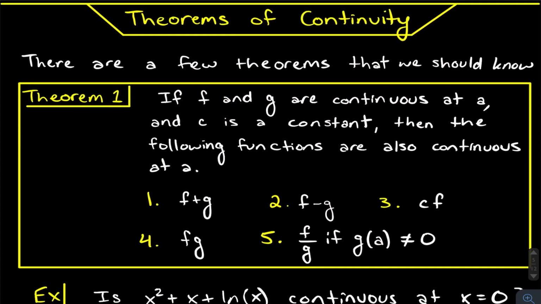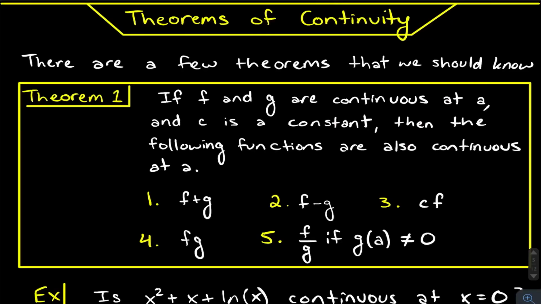So moving on to the next section, we're going to talk about the theorems of continuity. Remember that these theorems are going to be extremely important for the practice problems that we're going to do. You're going to have to think about these theorems, and they should just be something that is kind of in your head after we go over them. It's not something you have to write out every time, but you'll see what I'm talking about.